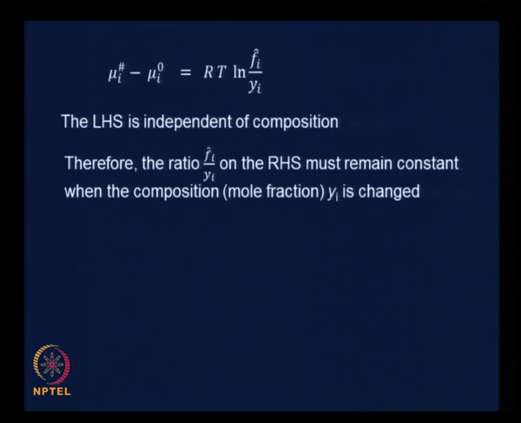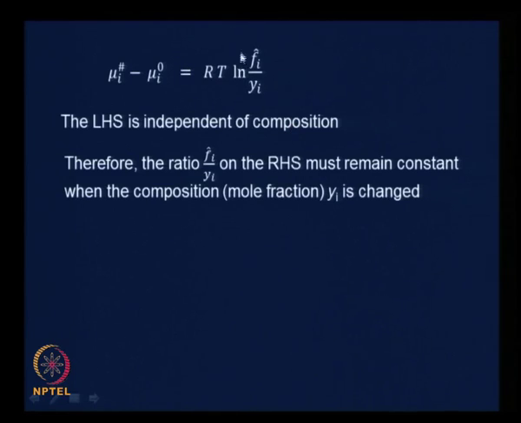Let us look at that point alone, it has to be independent of composition. Therefore see, what is on the right hand side, R and T here, there is no problem here. If at all we need to worry about composition, it has to be in this term. This ratio Fi hat by yi on the right hand side must remain constant when the composition is changed, because you have a left hand side which is independent of composition.